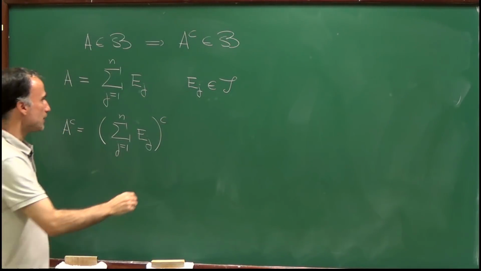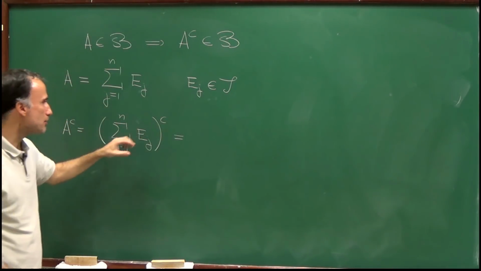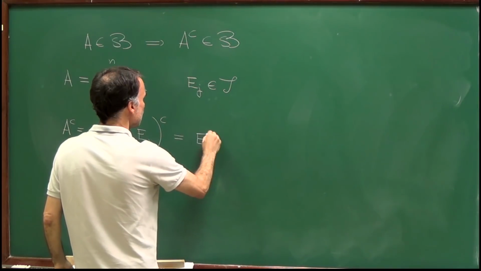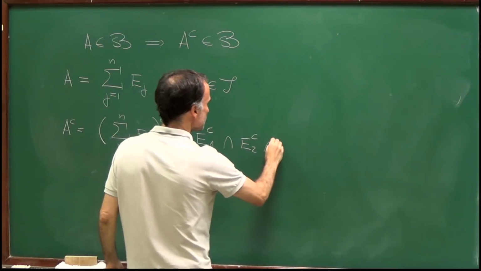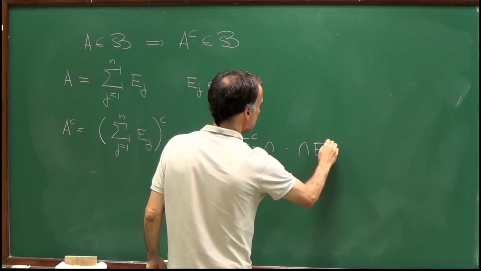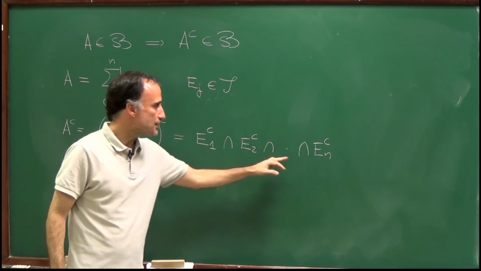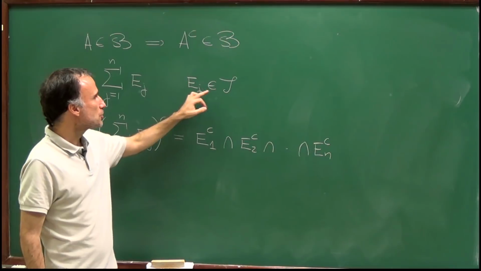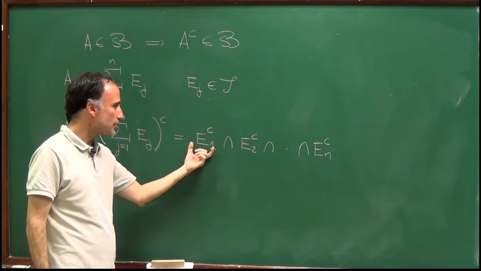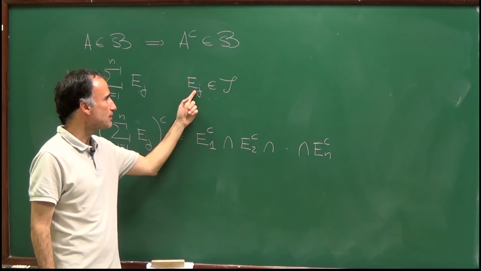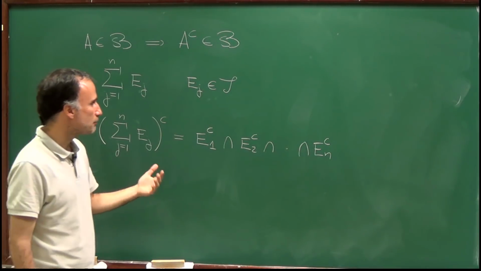Well, you know that the complement of a union is just the intersection of the complements. So this is E1 complement intersection E2 complement intersection ... En complement. And we know that each of these sets belongs to the semi-algebra. And by the property of the semi-algebra, we know that the complement of a set in the semi-algebra can be written as a disjoint union of elements of the semi-algebra.